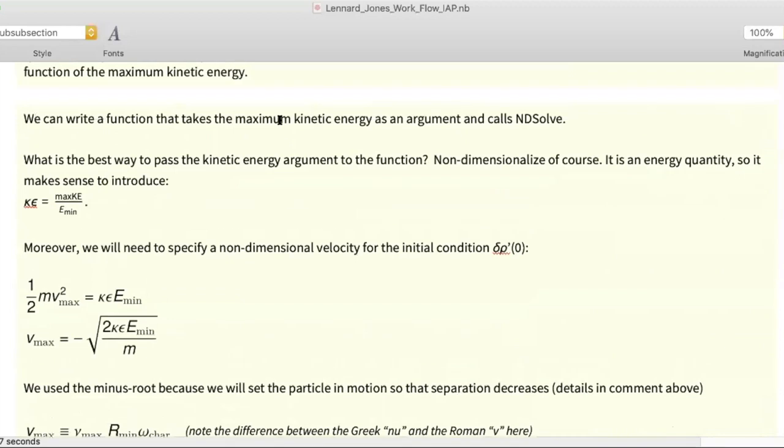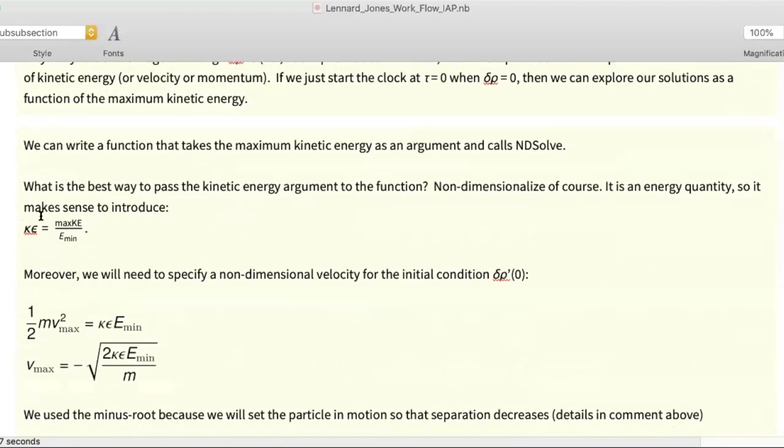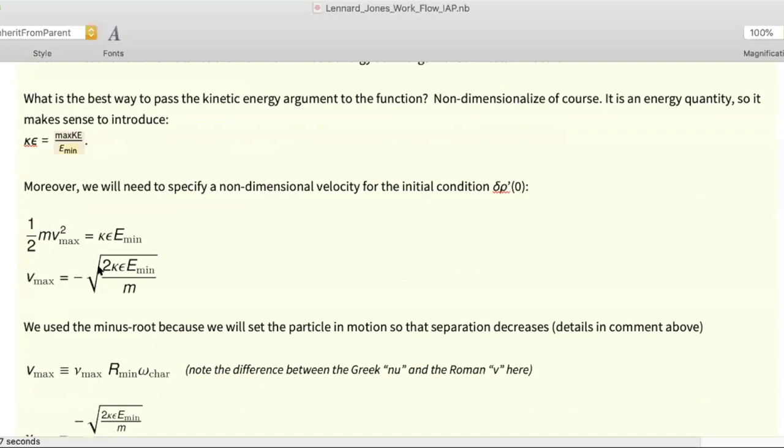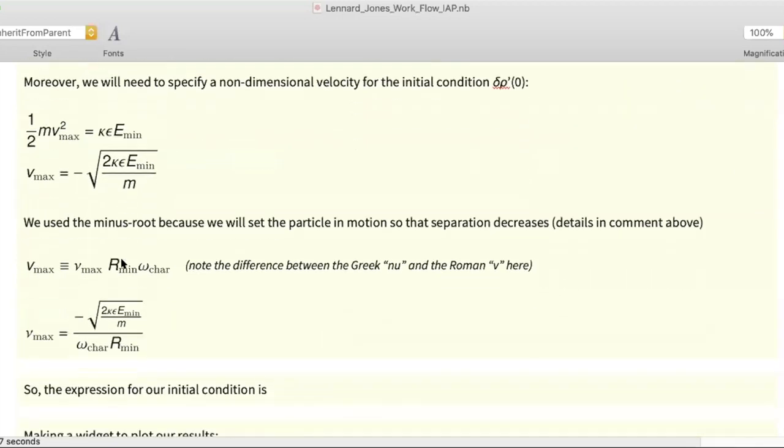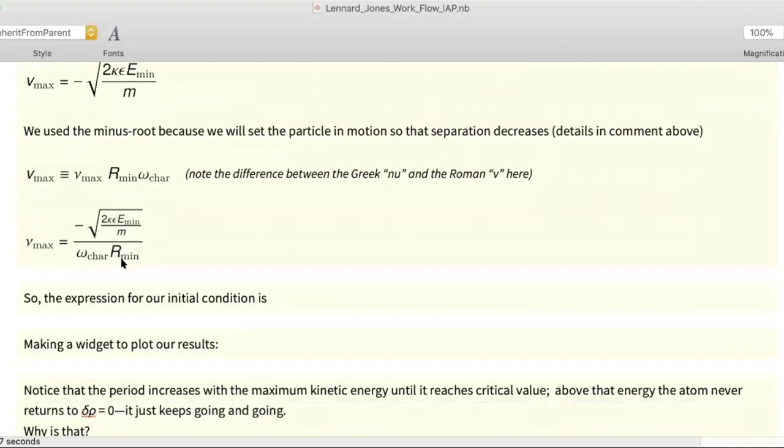Okay, so what I'm going to do is introduce a kinetic energy. And the kinetic energy is going to be normalized by this minimum in the potential. And then I'm going to say Vmax is somehow extracted from this maximum potential energy. So this is just a way of scaling a Vmax.